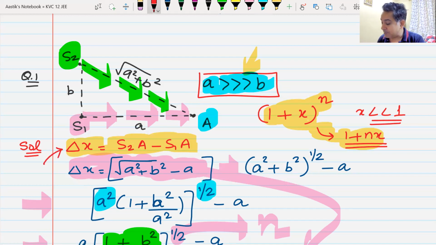Yes or no? Yes, sir. That is exactly what we are going to do now in this case. The only thing is the diagram looks a bit different, but it's the same thing.